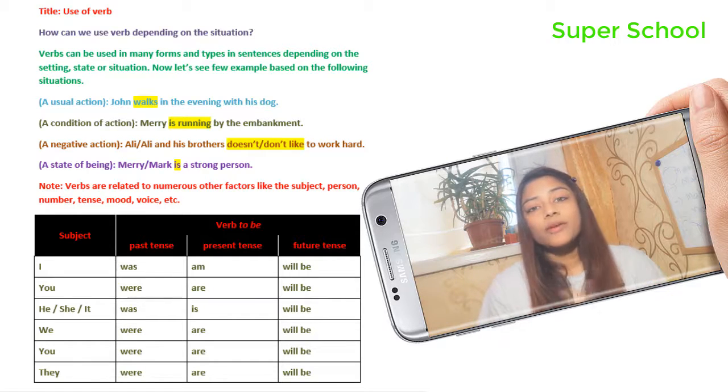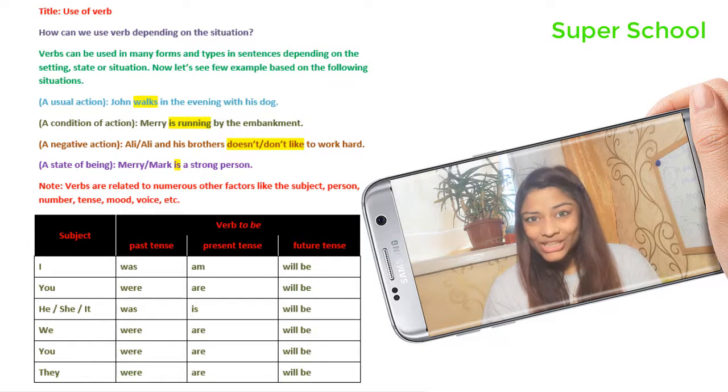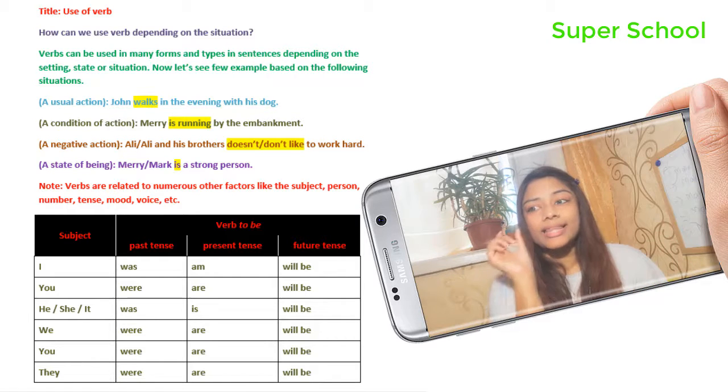Now, move on to the second example. Mary is running by the embankment. Embankment is basically the river. Now, here the sentence structure is present continuous tense. You guessed right. And what type of situation is the highlighted part of the verb expressing?